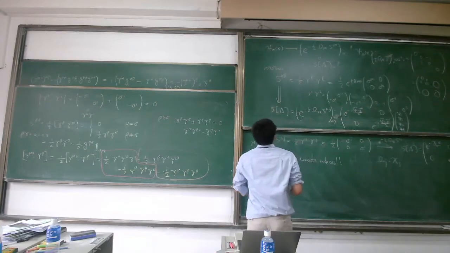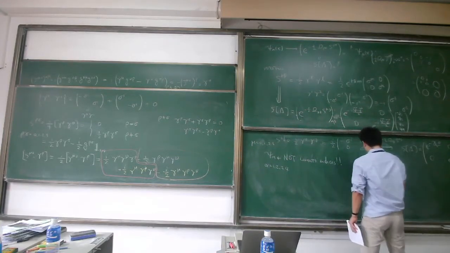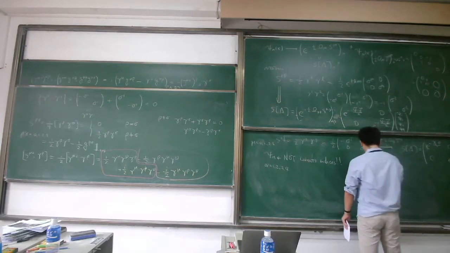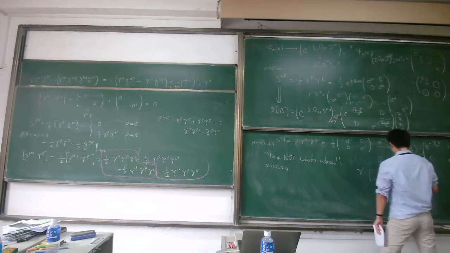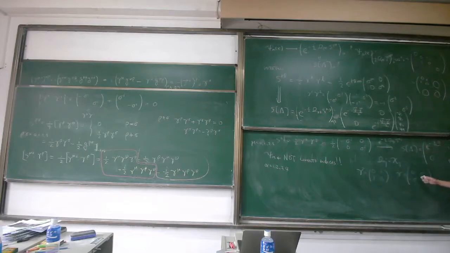So we treat the gamma matrices as I mentioned. I already erased it: gamma 0 is (0, 1; 1, 0), and gamma i is equal to (0, sigma i; minus sigma i, 0). We know that the Pauli matrices have imaginary entries, so psi should be complex.